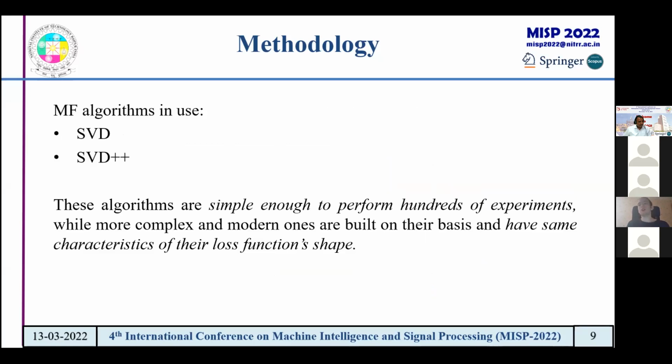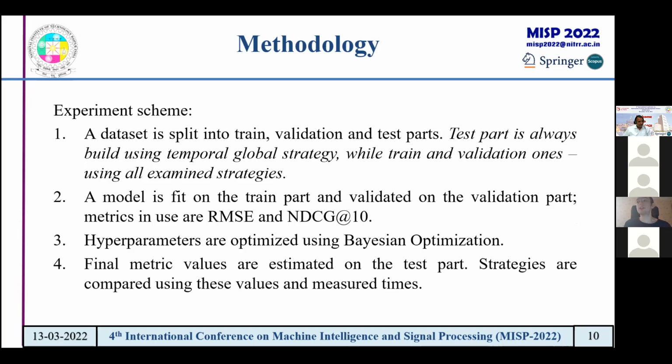We use SVD and the SVD++ algorithms to make matrix factorization models. These algorithms are simple enough to perform hundreds of experiments, but they also allow making some conclusions about matrix factorization algorithms in common. Experiments are performed in the following way.